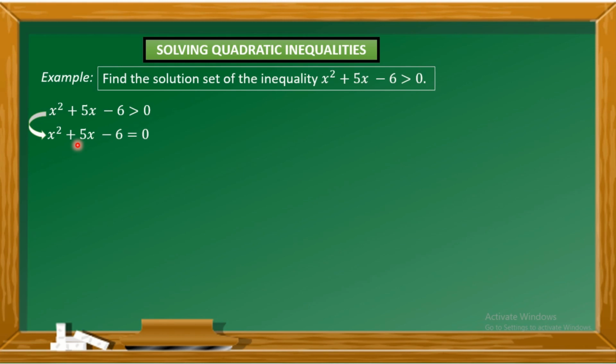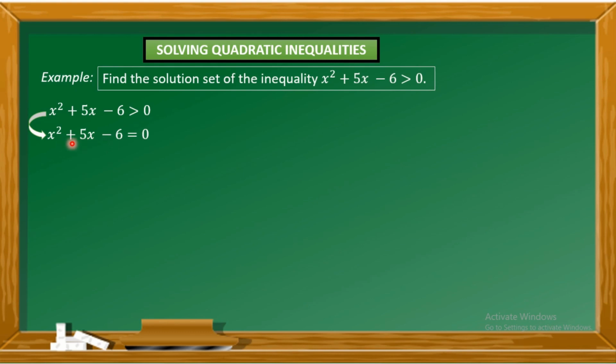And then after transforming this into an equation, we will solve for the values of x of this equation, or the roots. So we all know that it has two values of x, or two roots, right? Going back to your lesson in week 1, let's find out if x squared plus 5x minus 6 is factorable so that we can apply factoring.